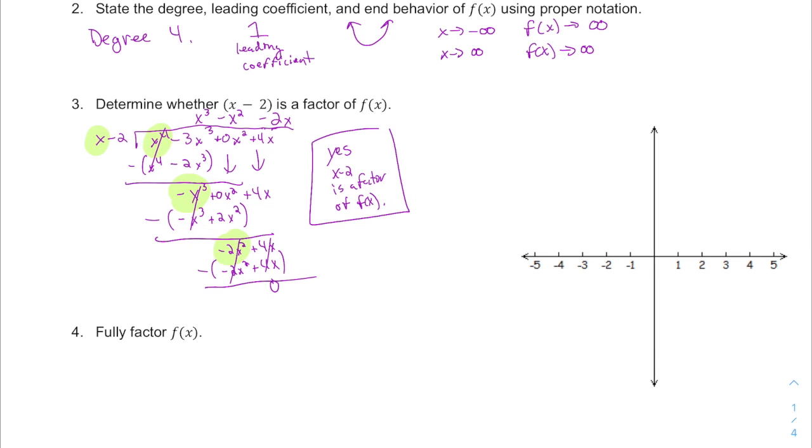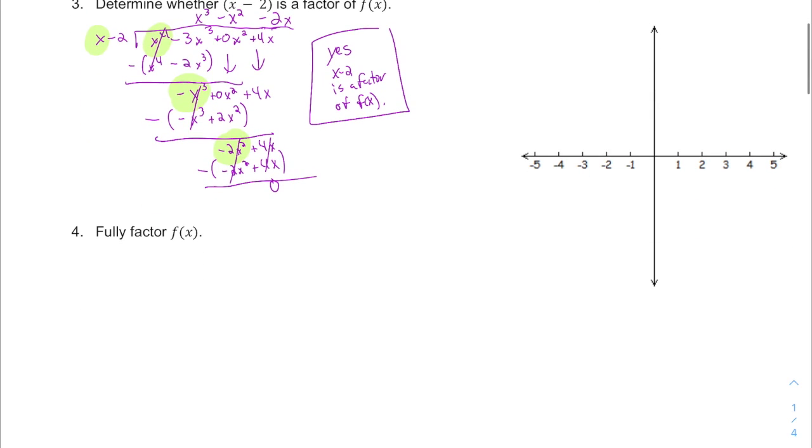Knowing that x minus 2 is a factor, we now can fully factor f of x. So we could write our polynomial f of x in partially factored form using our divisor of x minus 2, which we determined was a factor, and our quotient of x cubed minus x squared minus 2x. Because we know that when multiplied, these are equivalent to x to the fourth minus 3x cubed plus 0x squared plus 4x.